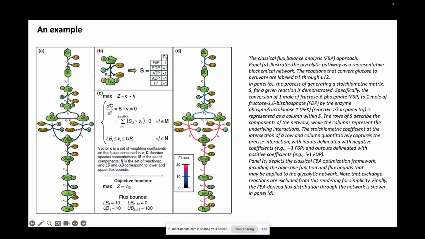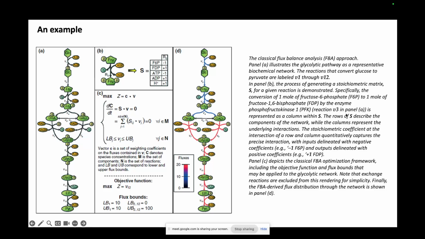Okay. So this reaction, the conversion of 1 mole of fructose 6-phosphate to 1 mole of fructose 1,6-bisphosphate by the enzyme phosphofructokinase 1, PFK, is represented as a column within S. So this is your S. Each of the metabolites is given as a row, and one column denotes a particular reaction, which in this case is R3.